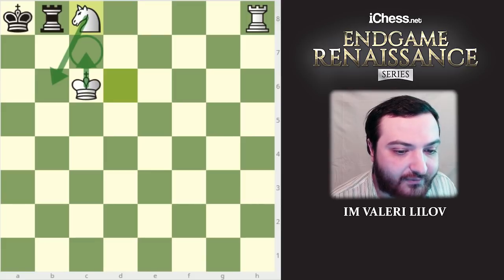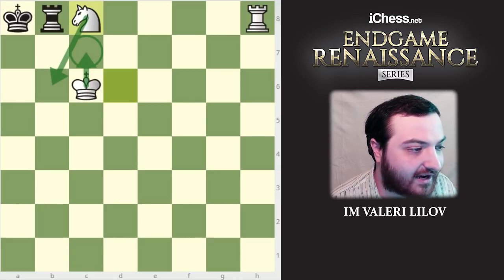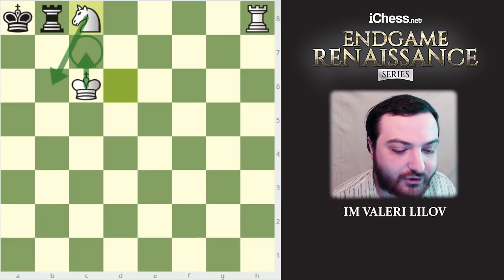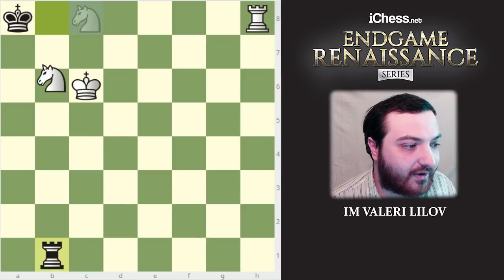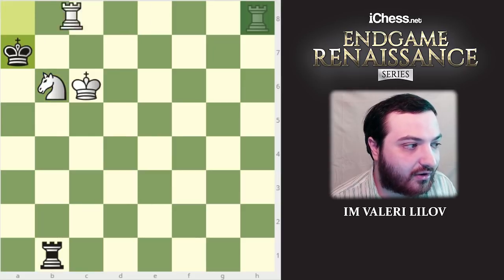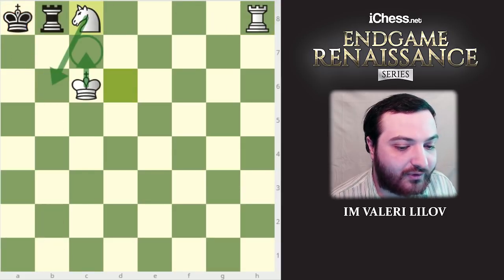So after that move, what actually happens in the game is that black is lost. He's in what we call a Zugzwang. Zugzwang means that he can't move anywhere. He goes rook to b1, you've got knight to b6 check here, and then rook to a8. Rook a8 is an easy, quick checkmate. He can't move the king, he can't move the rook, he can't really go anywhere else.